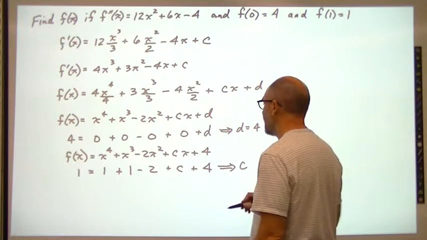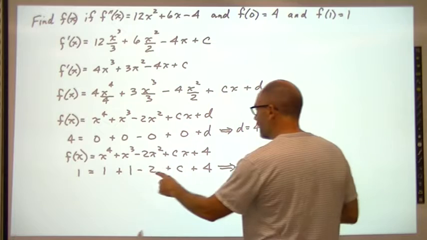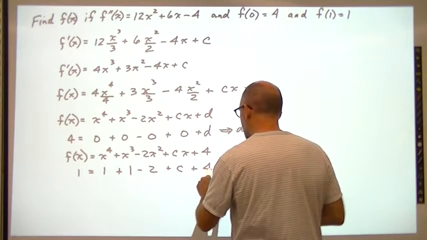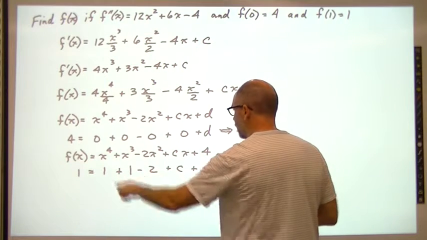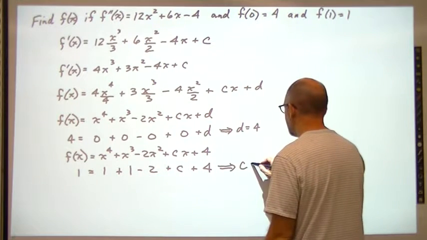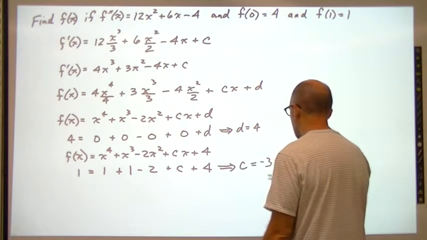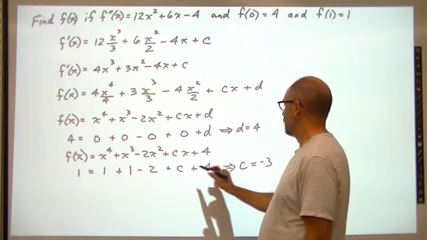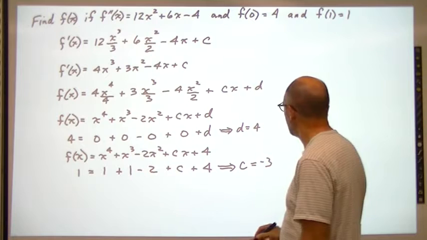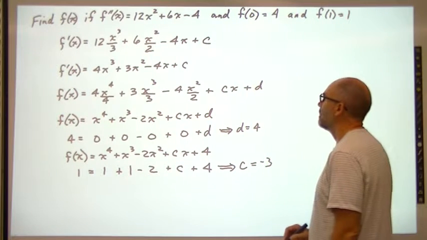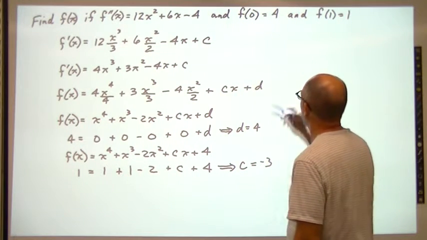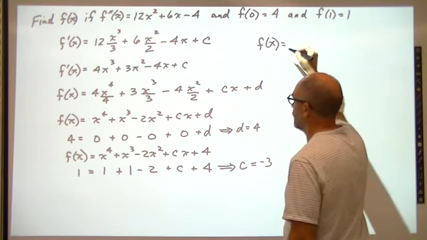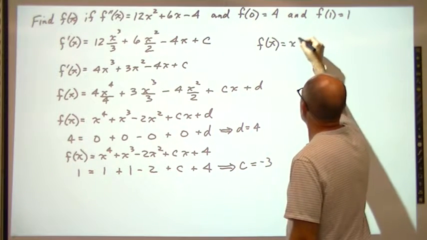So I can now say that c, let's see, 2 minus 2 is 0 plus 4, so I subtract 4 from both sides and I get c is negative 3. Let's make sure that's right. 2 minus 2 is 0, negative 3, and 4 is 1, 1 equals 1. Yes, that's right.